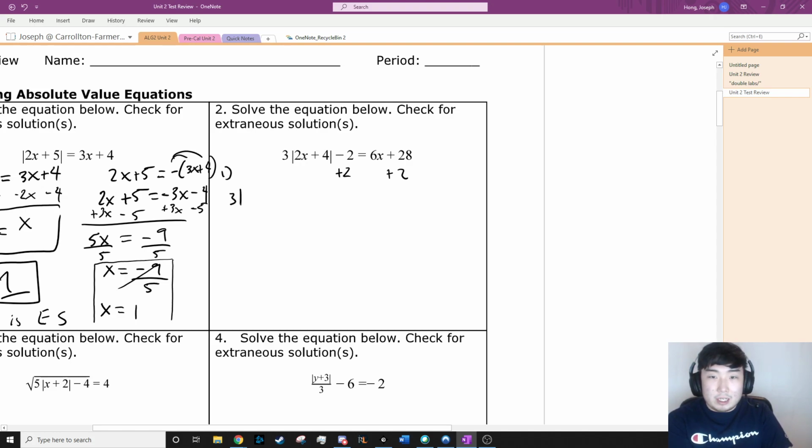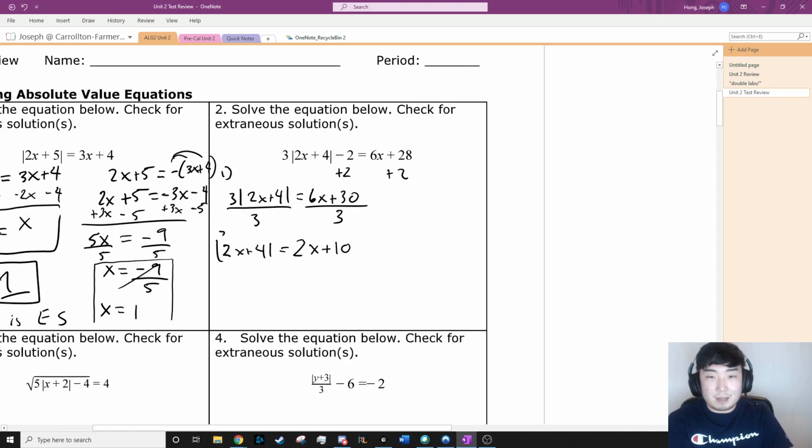So that's 3 absolute value of 2x plus 4 is equal to 6x plus 30. Divide that by 3. So the absolute value of 2x plus 4 is equal to 2x plus 10, because 6 divided by 3 is 2 and 30 divided by 3 is 10.